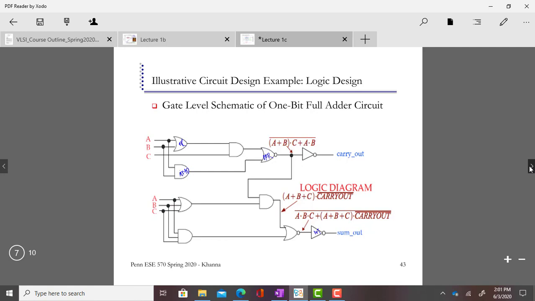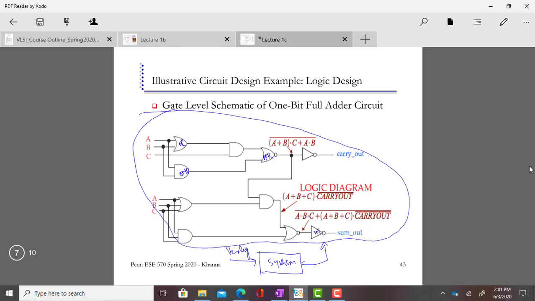You just input the Verilog code to the synthesizer. You wrote the Verilog code, and the synthesizer generated this whole circuit, the most optimal, the most efficient circuit.